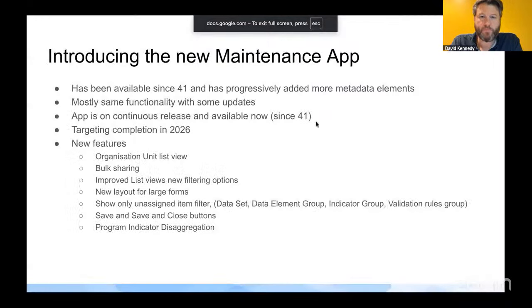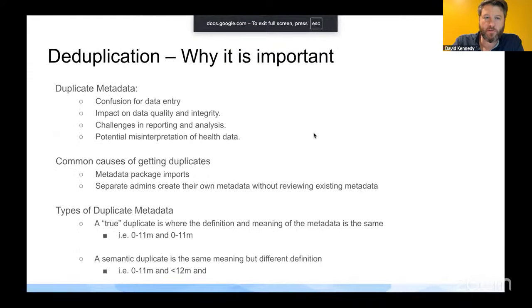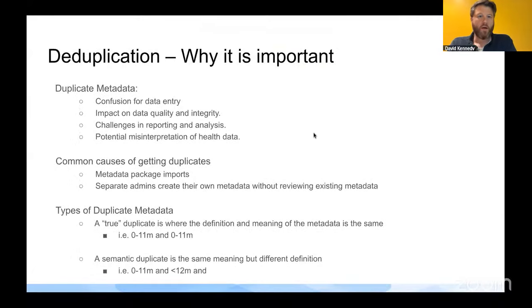All right. So let's get into the deduplication. Deduplication, why is it important? Duplicate metadata is exactly what it sounds like: when you've got metadata objects that are the same in your system. It's confusing for data entry, has an impact on data quality and integrity, and creates challenges in reporting and analysis.